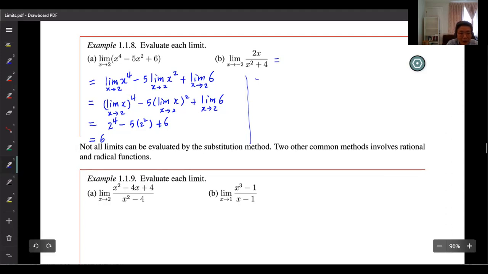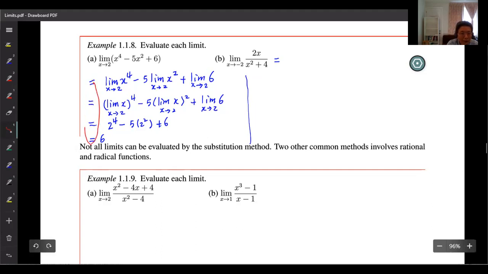Usually, when you take a test, you want to copy the expression, then write down equals. You can see this is how you show the work. You put the alignment here, using the equal sign for each step. This is the best way, because it's easy for people to read.